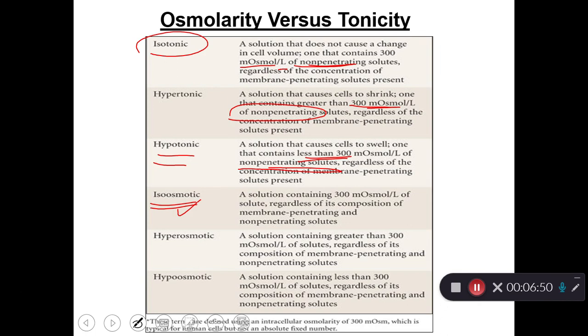Hypoosmotic is a solution that has less than 300 milliosmoles of anything, regardless of penetrating or non-penetrating. But again, to judge water movement, we need to know the tonicity, the tonic, not the osmotic.